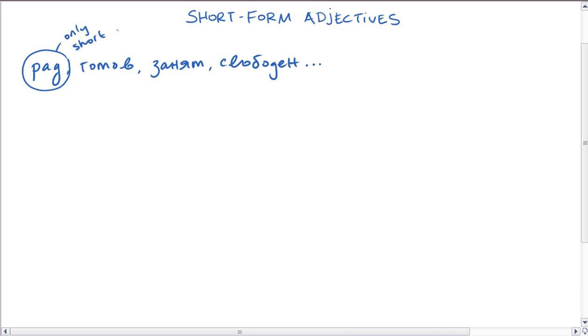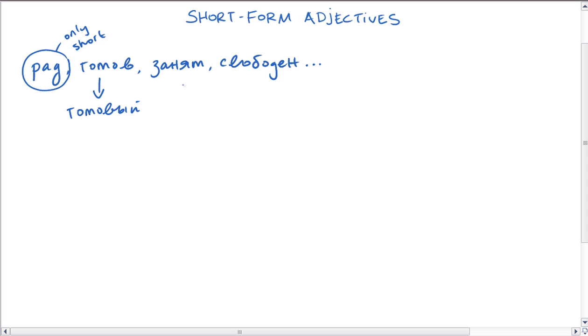If you think about glad in English, it also pretty much only occurs as a short form in the sense that it's only used as a predicate. So you would say, she is glad, but you wouldn't say she is a glad person.